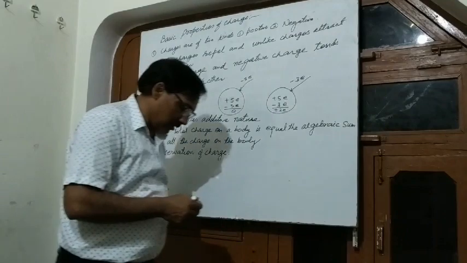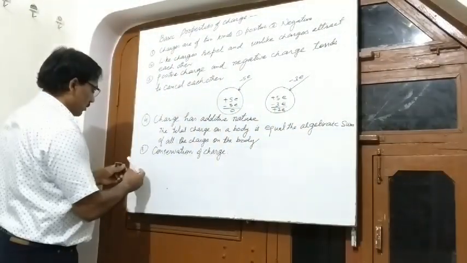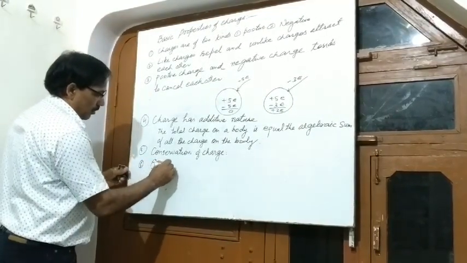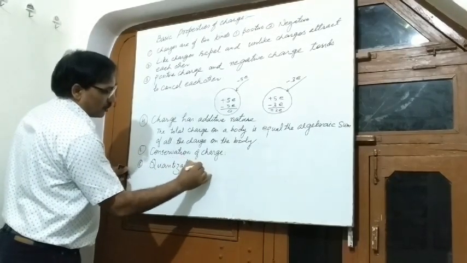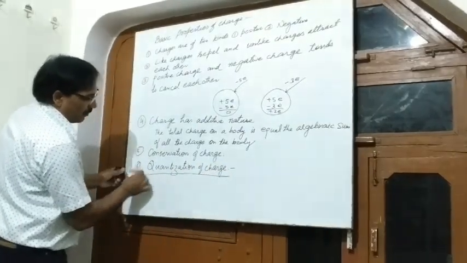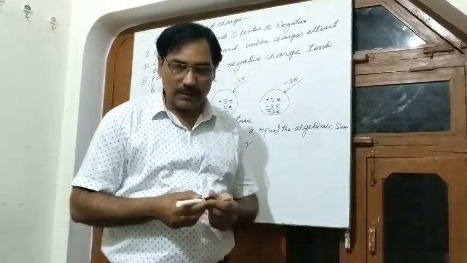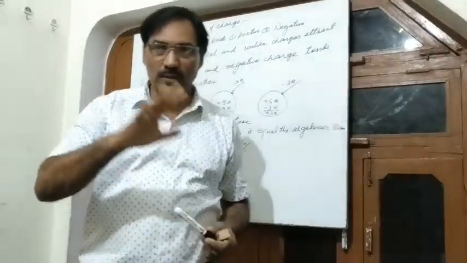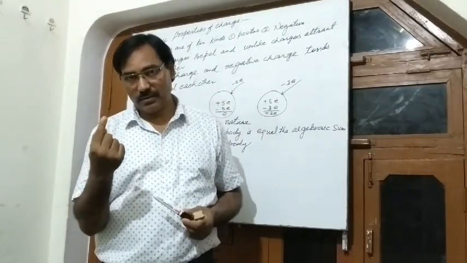And next property is quantization of charge. Property number 6. Quantization of charge. We have studied that the smallest possible charge which can be transferred from one body to the other is equal to the charge on single electron.